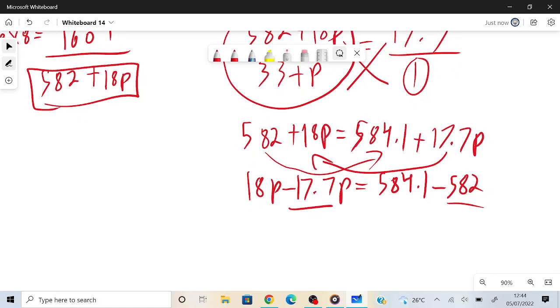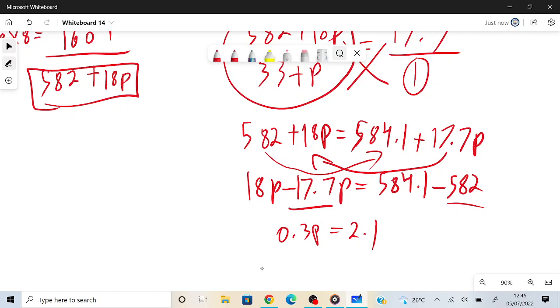So 18 minus 17.7, that should be 2.1. Let me just quickly do that. Oh, sorry, 0.3, not 2.1. So 0.3P equals 584.1 minus 582, that's 2.1.